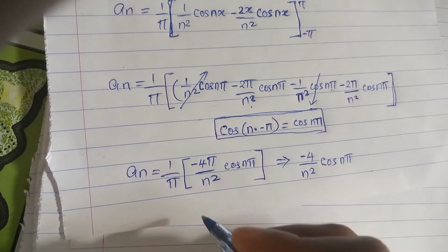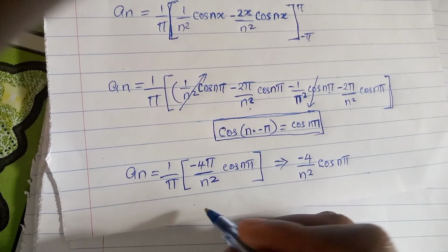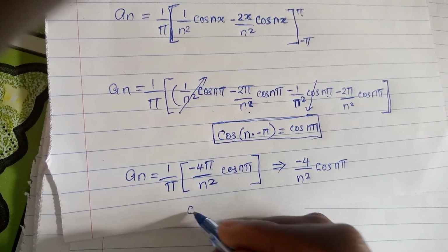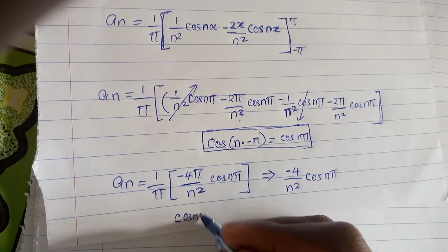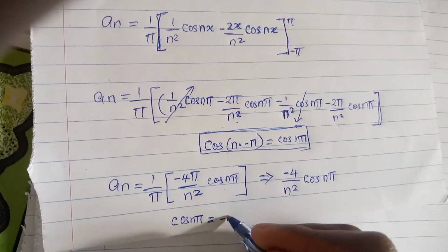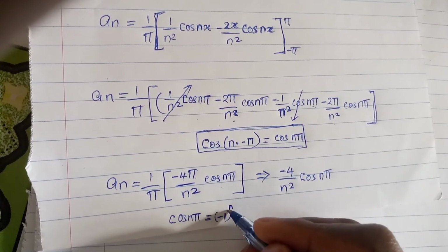But remember, this one is an identity: cos n pi is usually equivalent to negative 1 to the power of n.